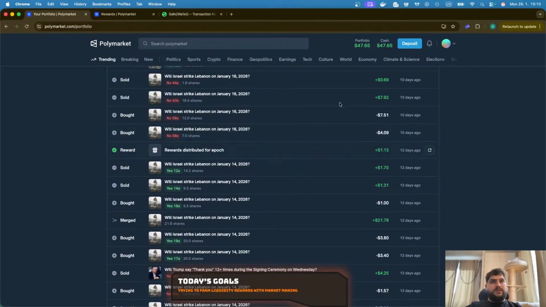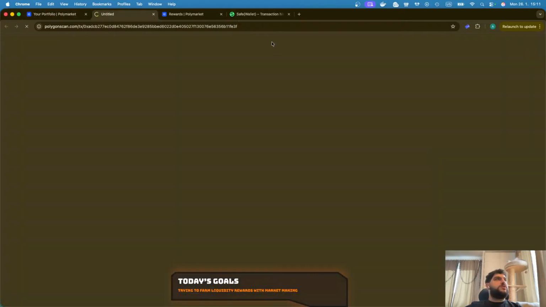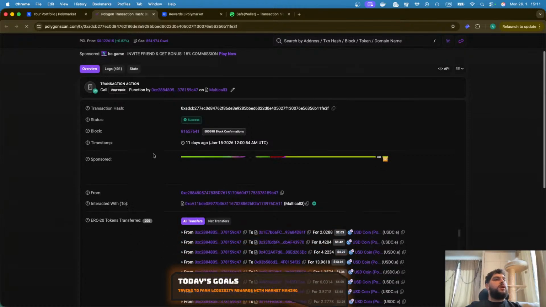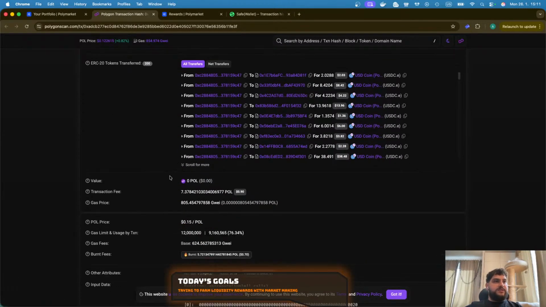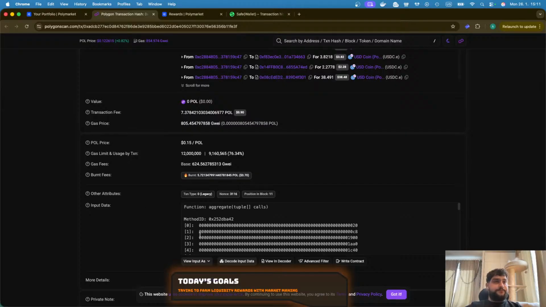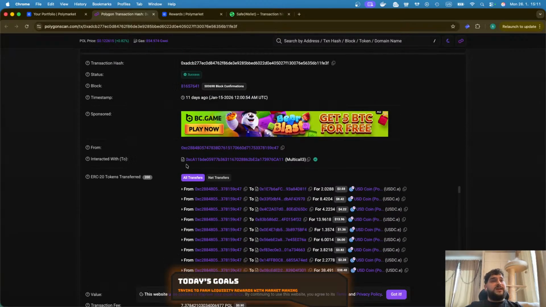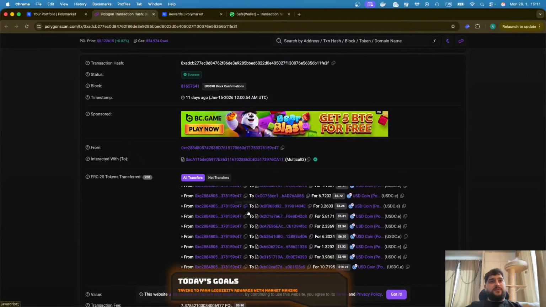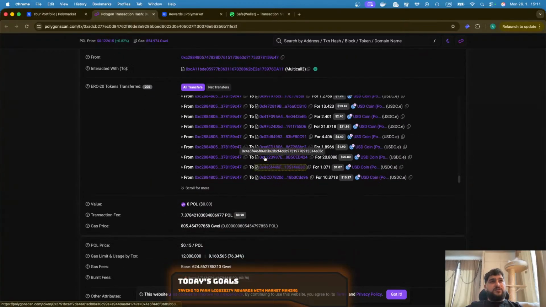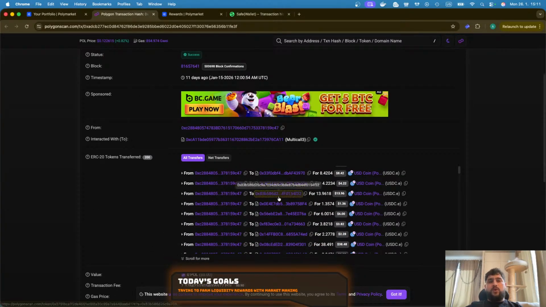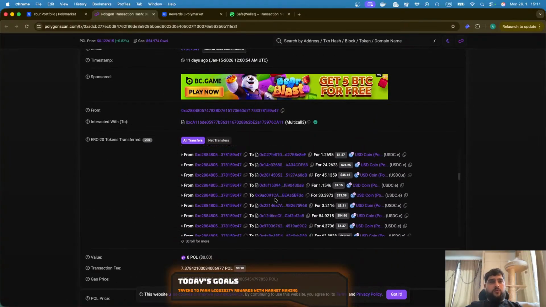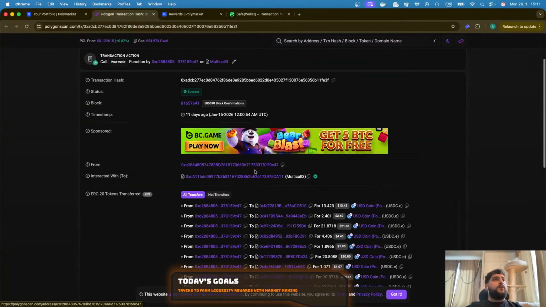Oh yeah, here it is. 12 days ago. Actually, the whole transaction is here. You can see the transaction with plenty of different transfers, and I think all of them were the daily rewards.